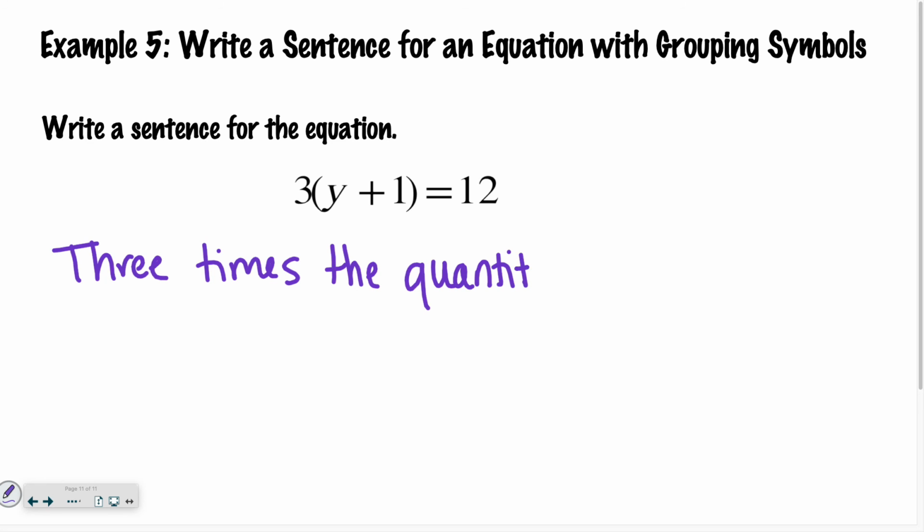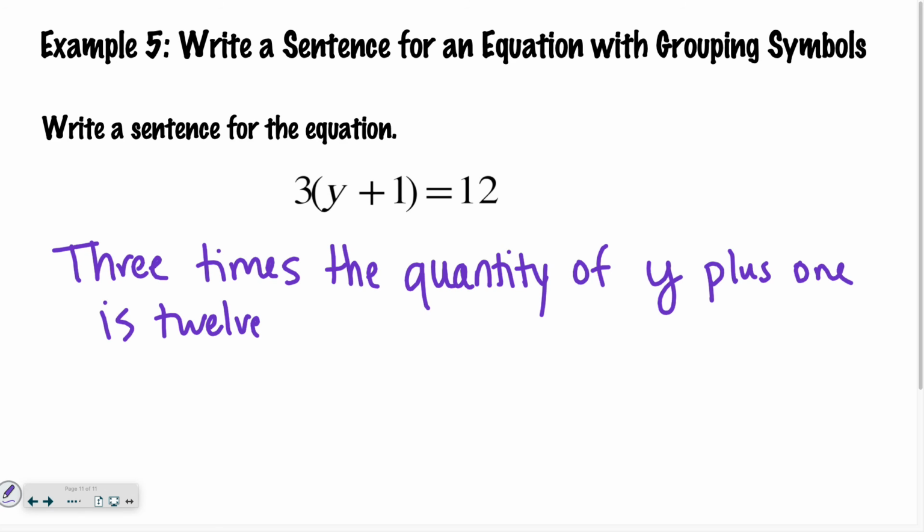When there are parentheses, you say quantity of y plus 1 is 12. So 3 times the quantity of y plus 1 is 12, or I could say 3 times the quantity of y increased by 1 equals 12.